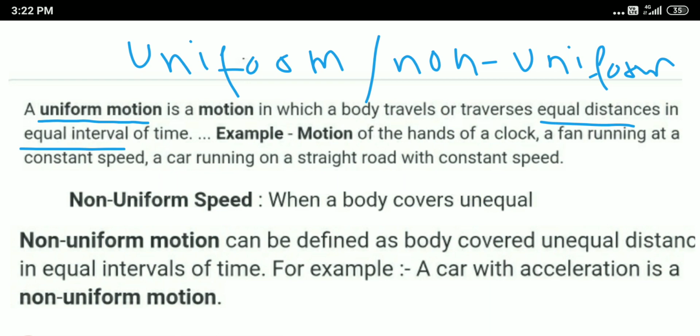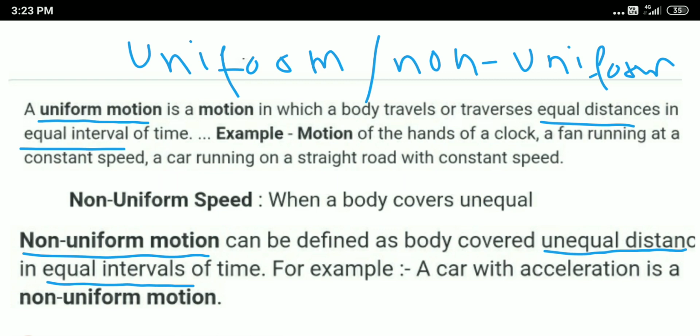Now, non-uniform motion. How can we define non-uniform motion? If a body covers unequal distance in equal intervals of time, it will be considered as non-uniform motion.